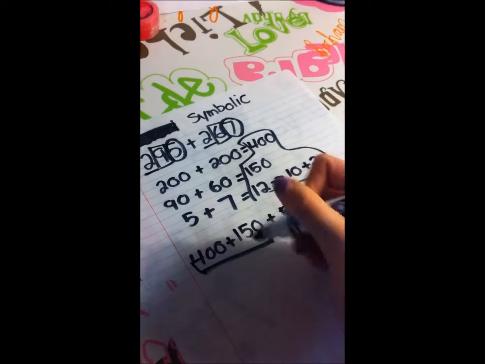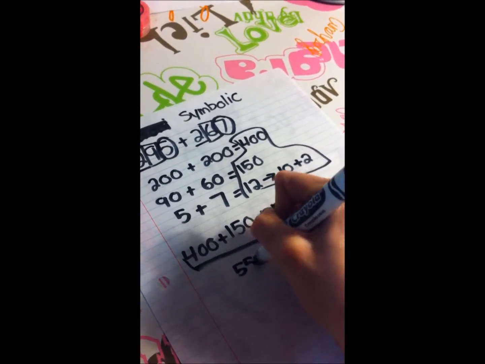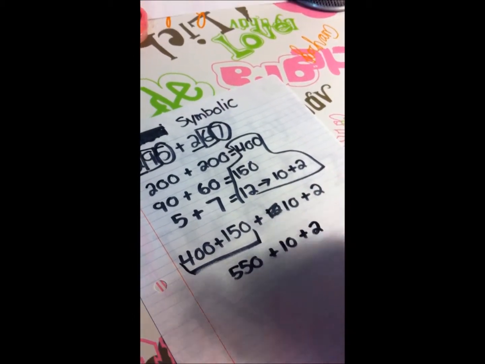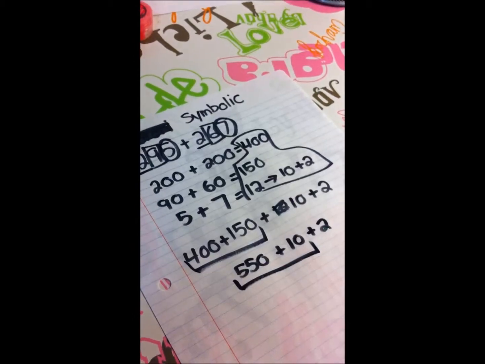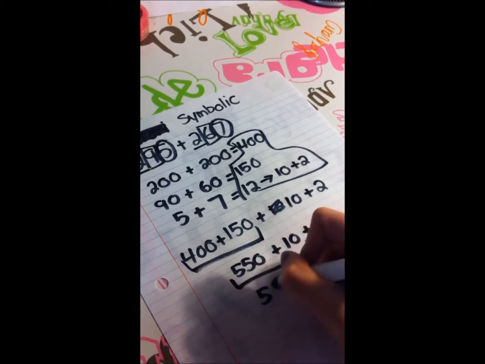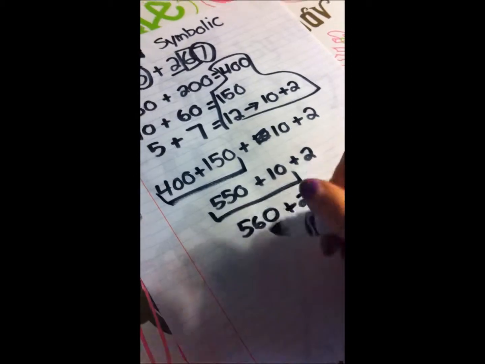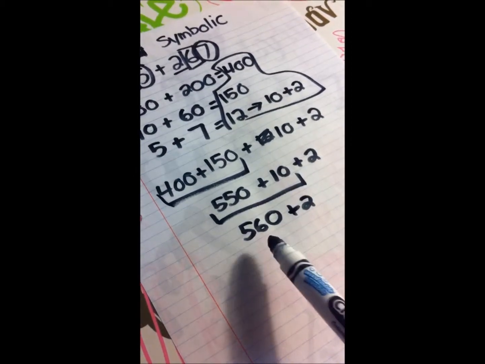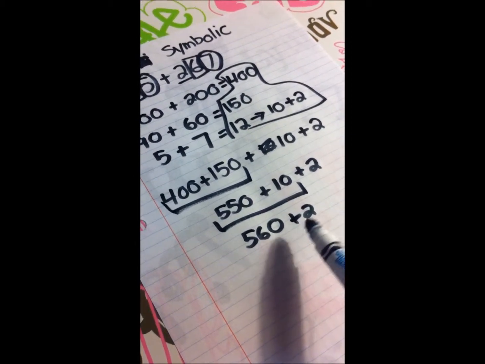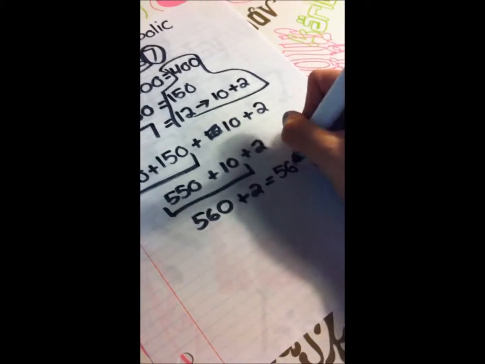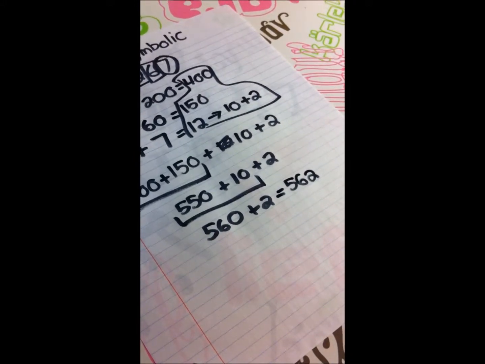So 400 plus 150 is 550 plus 10 plus 2. And 550 plus 10 is 560 plus 2. So the addend of 560 plus 2 equals 562.